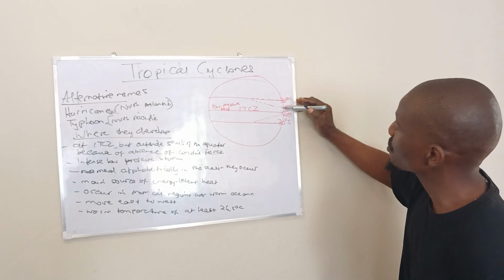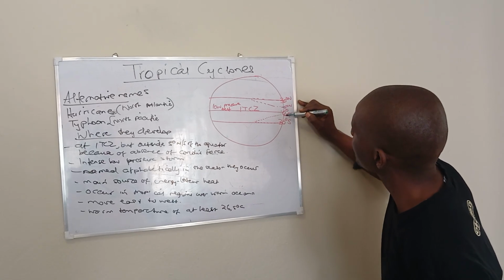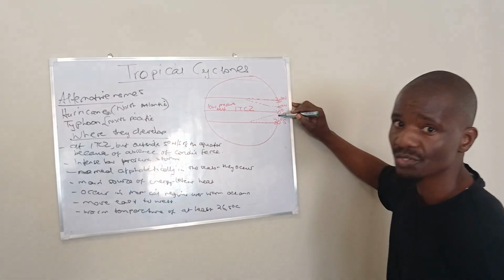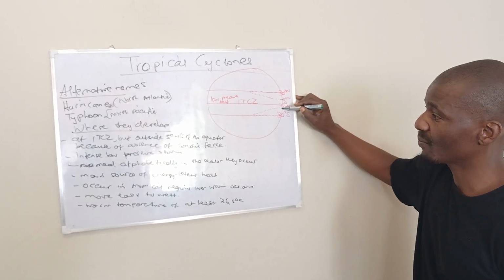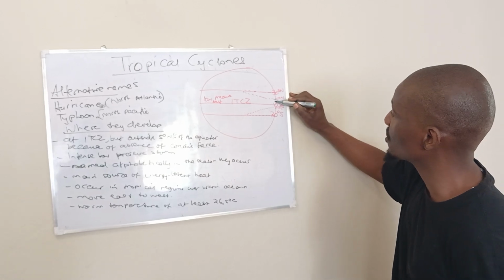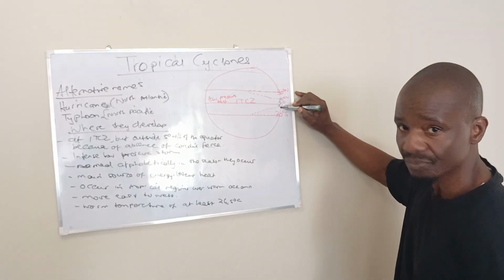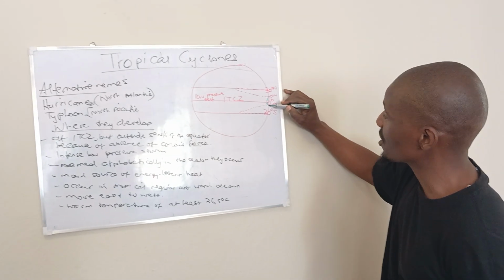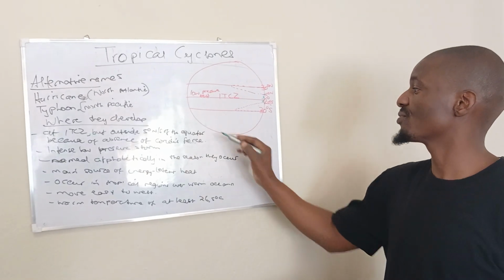So they originate outside 5 degrees north and 5 degrees south. This is where the tropical cyclones develop from, because of the absence of Coriolis force between 0 to 5 degrees north and south of the equator.